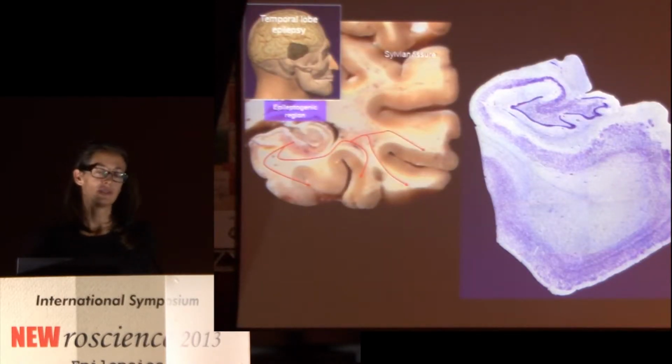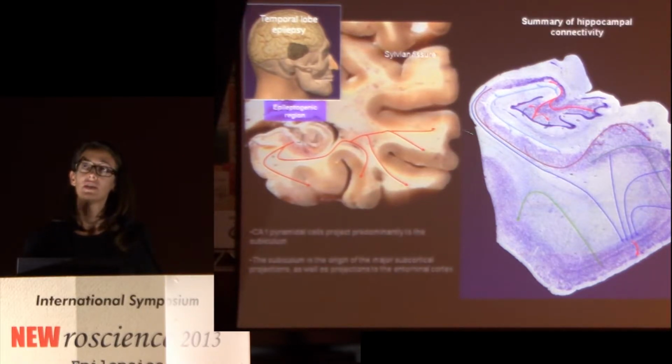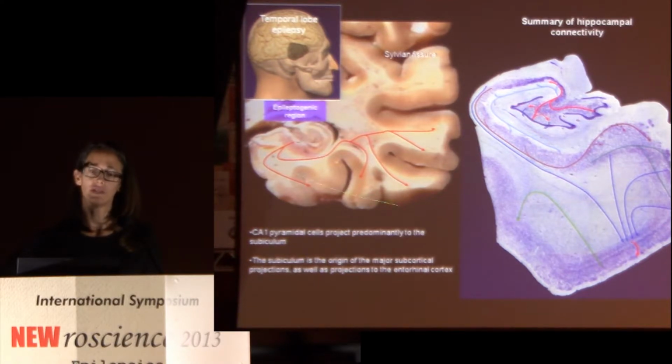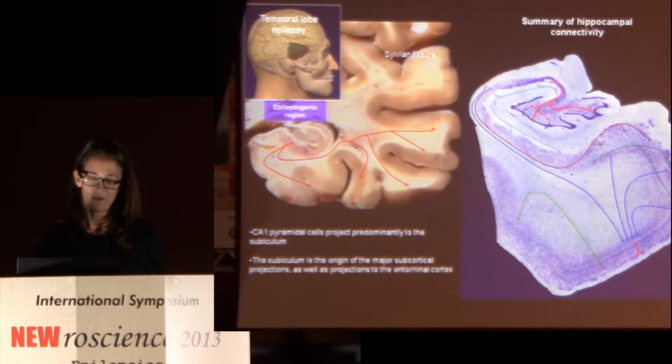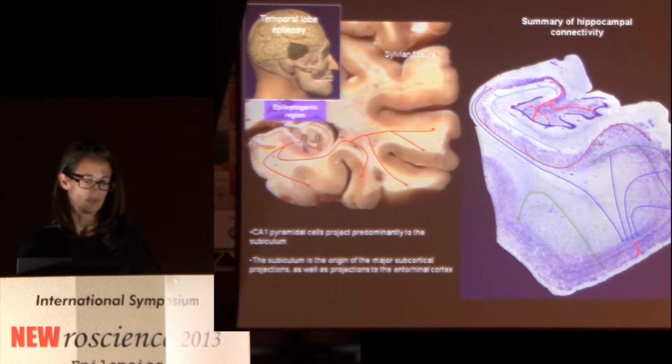We have to consider that the hippocampal formation is involved in a very complex circuit. If we consider that hippocampal sclerosis is the origin of the epileptic activity, and we know the connectivity of the hippocampal formation, we have to keep in mind that the CA1 pyramidal cells project predominantly to the subiculum, and the subiculum is the origin of the major subcortical projections, as well as the projections to the entorhinal cortex.